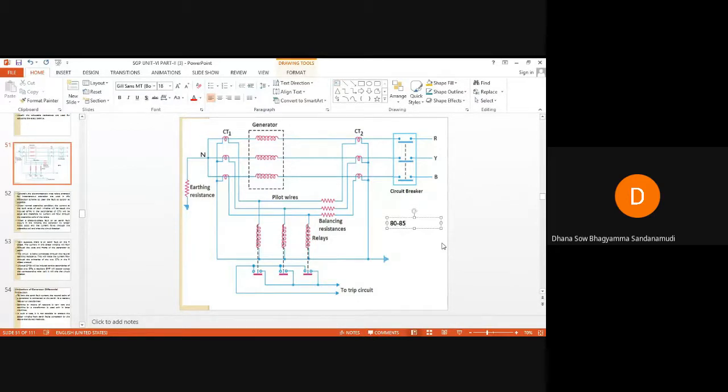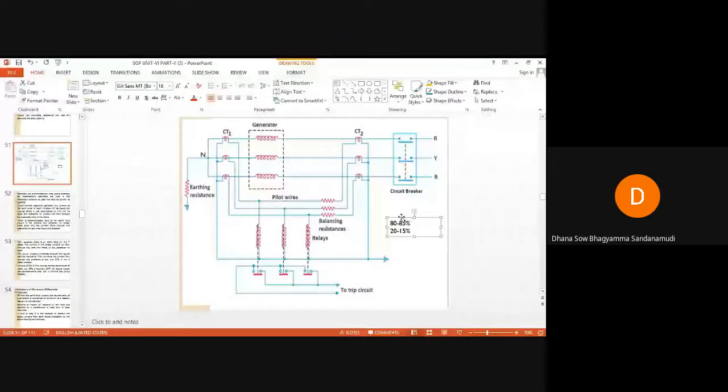We are able to provide only 80 to 85%, and the remaining 15 to 20% of the generator winding is unprotected. Why? Because the neutral is earthed here, very low current will go through the relay coils, even if an LG fault occurs at the neutral.